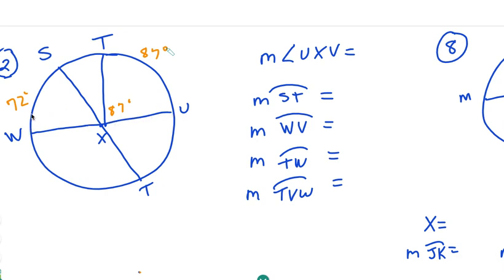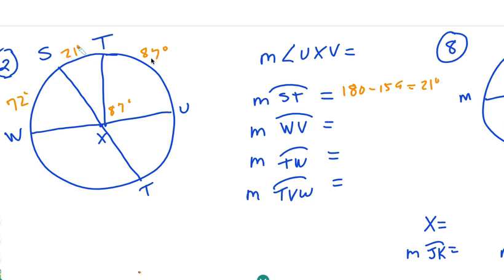So that means these three arcs together are going to equal 180. So in order to find ST, I'm going to do 180 minus 159. I got the 159 by adding 72 and 87. So that's going to give me 21 degrees.